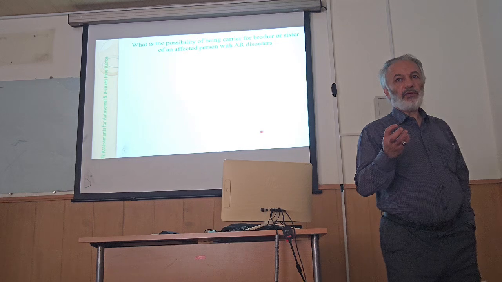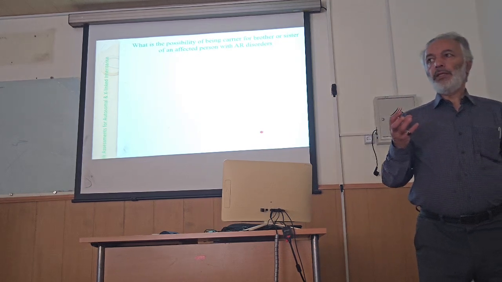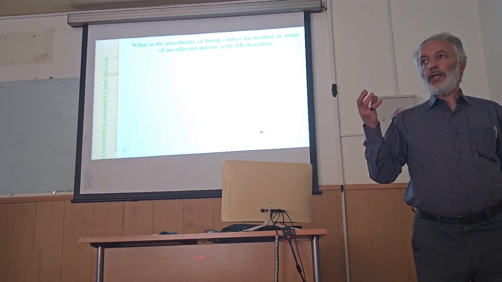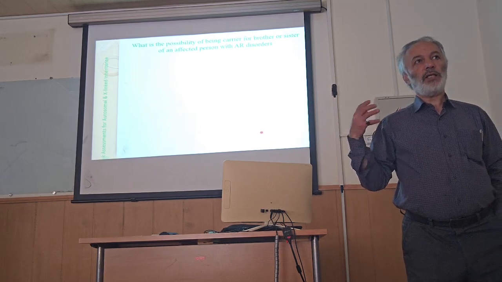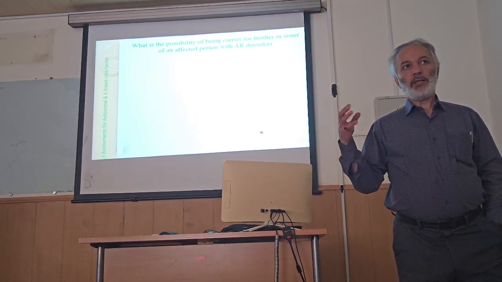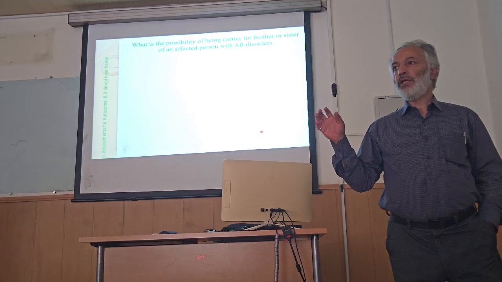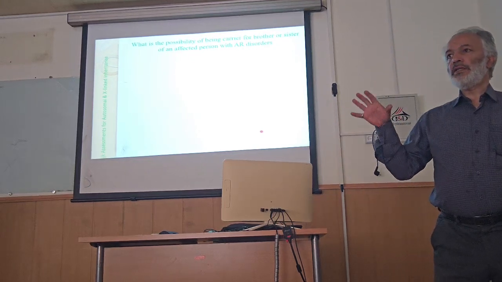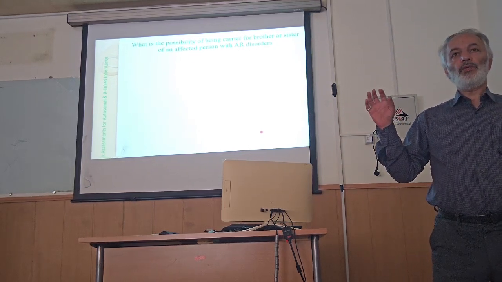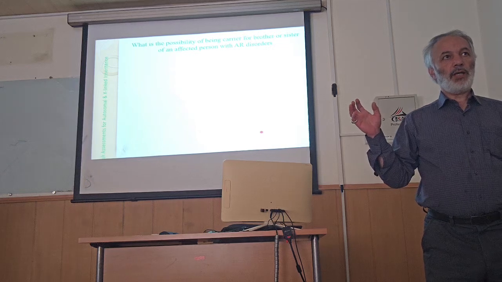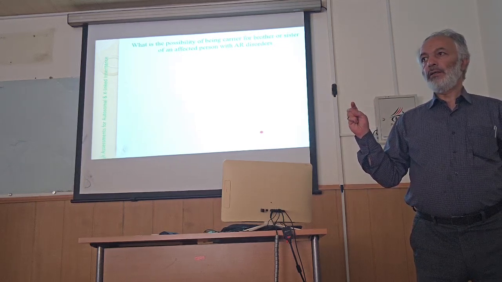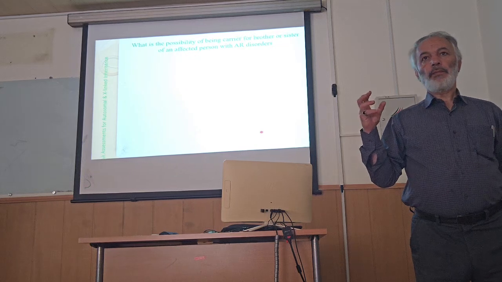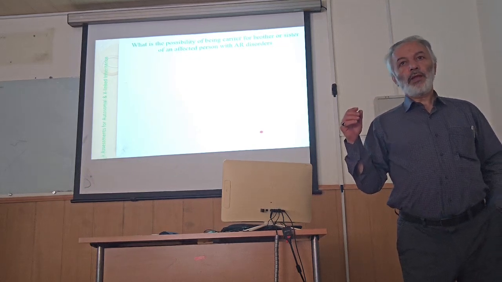We have an affected person. His or her brother or sister is healthy, not affected. We want to see what the probability of this sibling being a carrier is. What's the probability? 50%?